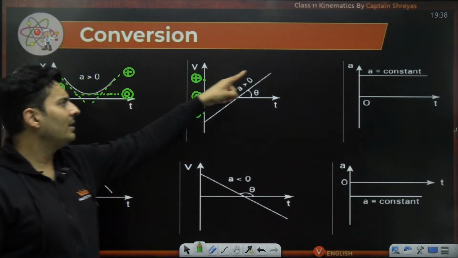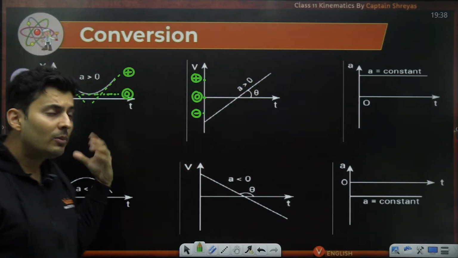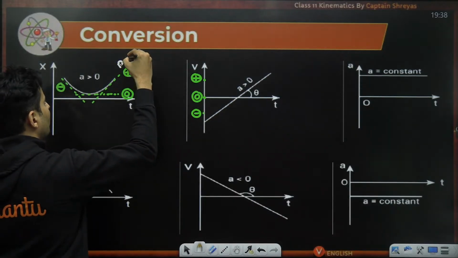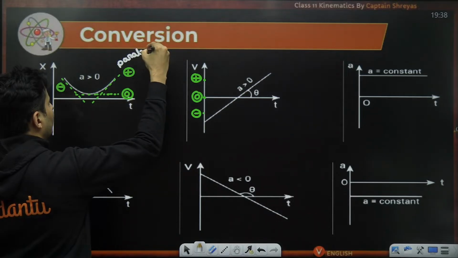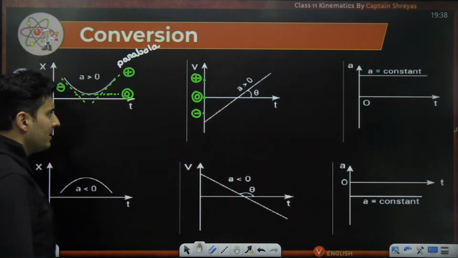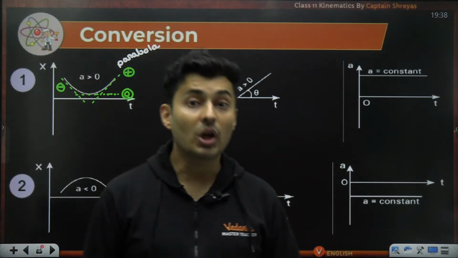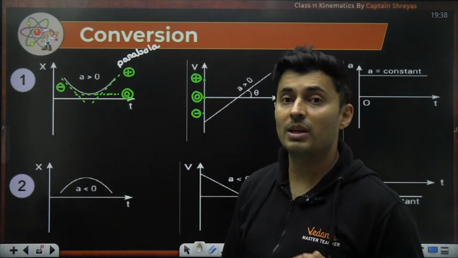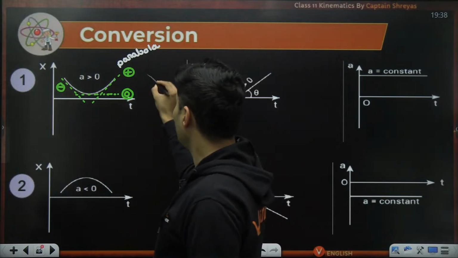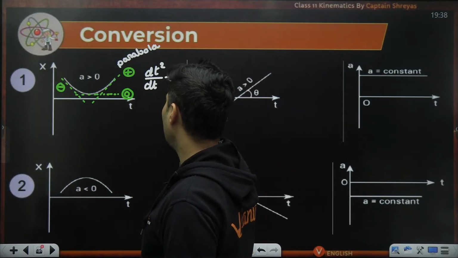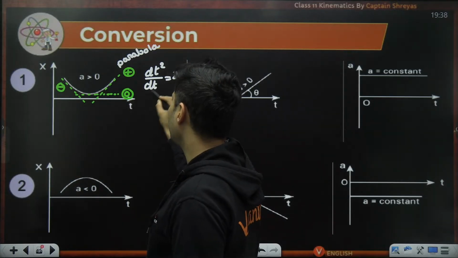And why would it be a straight line? It will be only a straight line if this graph is a parabola. Why, sir, only a parabola? Because parabola means a square term will be there. So if you take the derivative of the square term, what will it be? It will be a linear term.